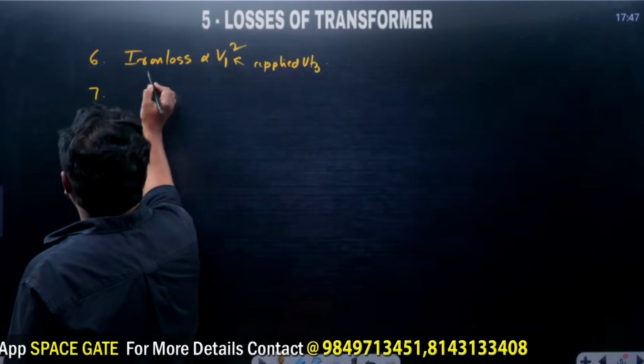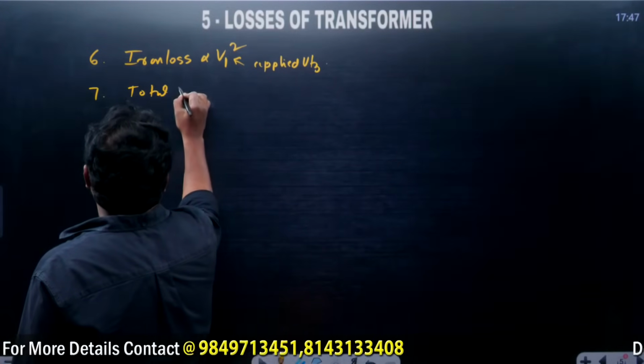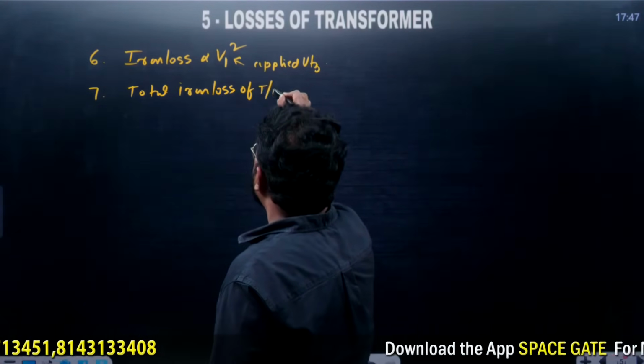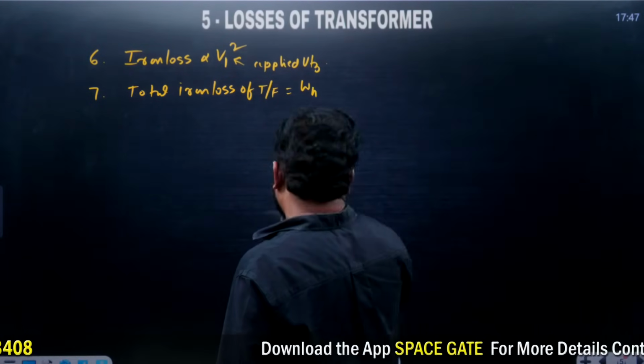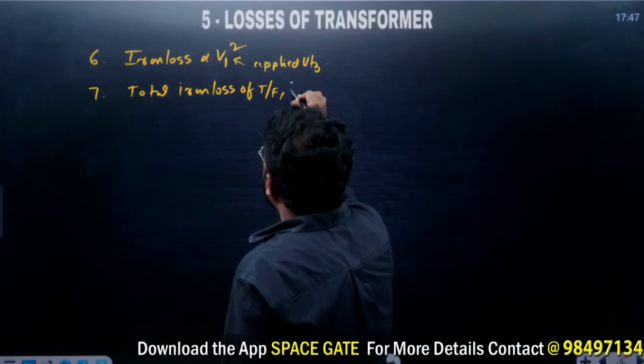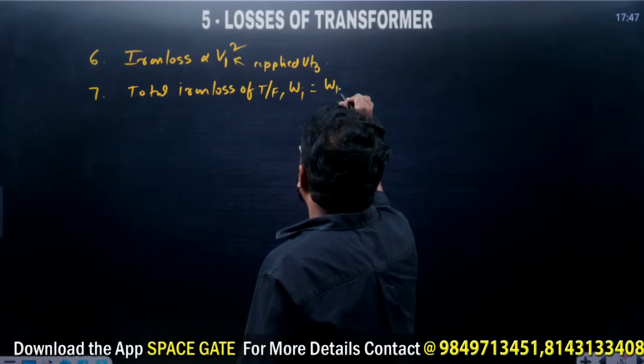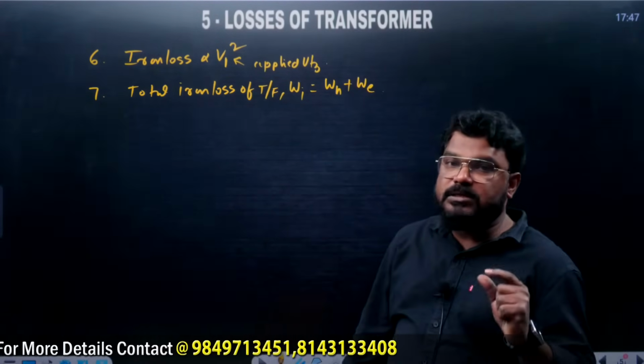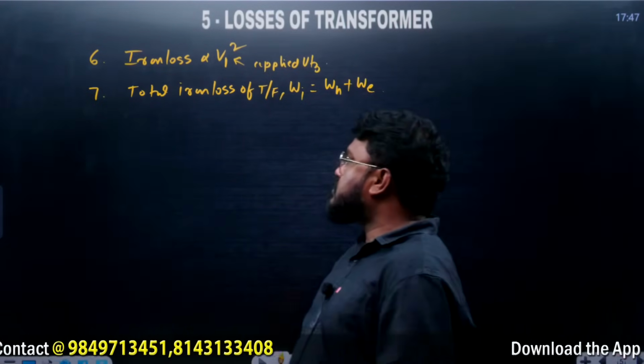First, let us calculate the total iron loss of the transformer. Iron loss is denoted by Wi. It is equal to hysteresis loss plus eddy current losses. So this is the total iron losses of the transformer.